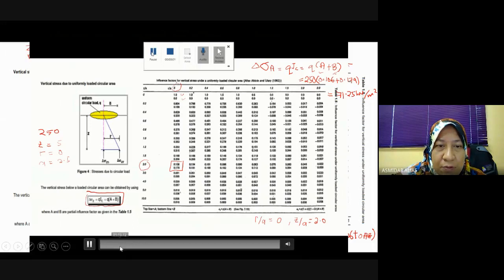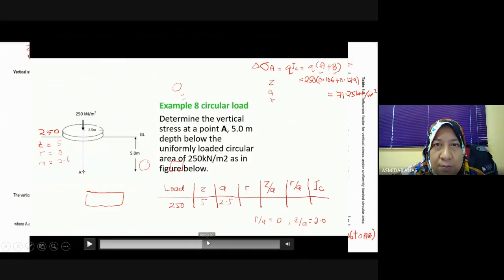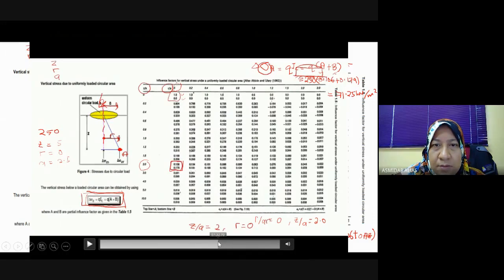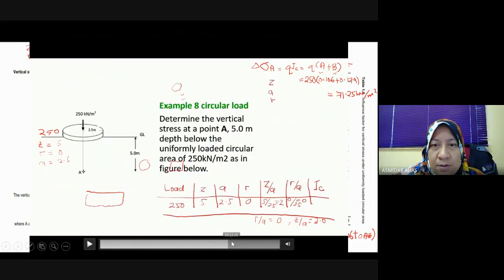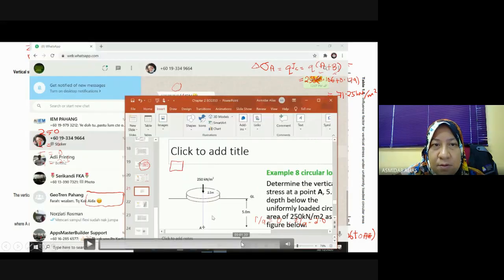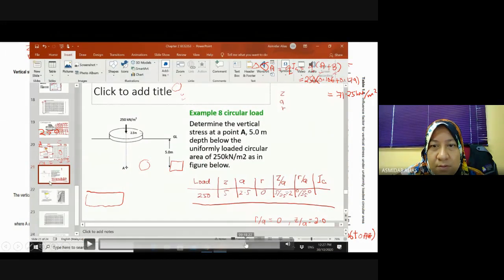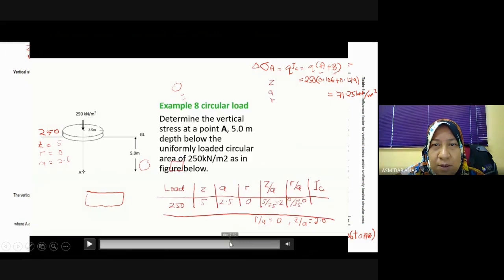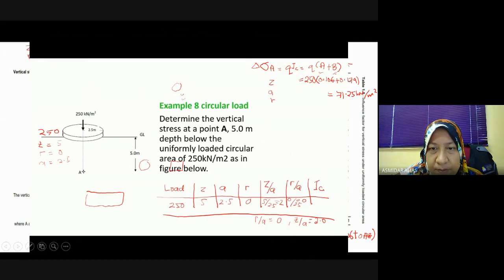Okay, saya cuba forward dulu. Bye guys, I think I need. Okay, ini adalah example 8 tadi, kita dah go through. Kat mana Tengok jap Hope for the best. They will give you the question that you can just use to conclude.